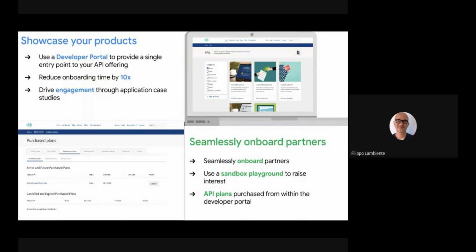The developer portal is the entry point that your customer is going to use in order to see what is available from your enterprise. We see the developer portal as a real competitive differentiator because, I mean, it's like a store.